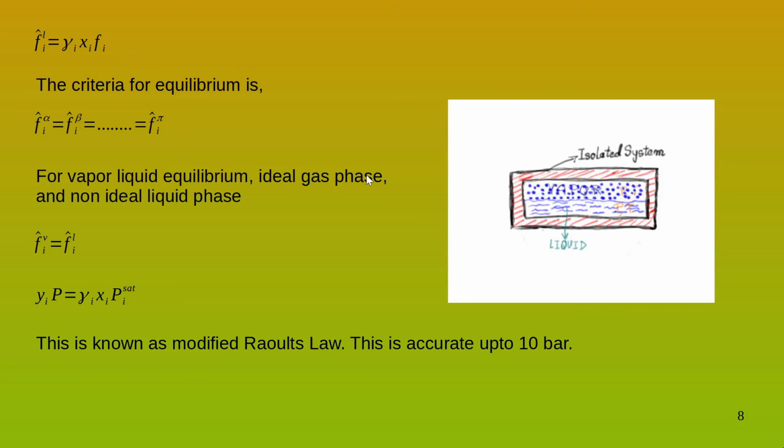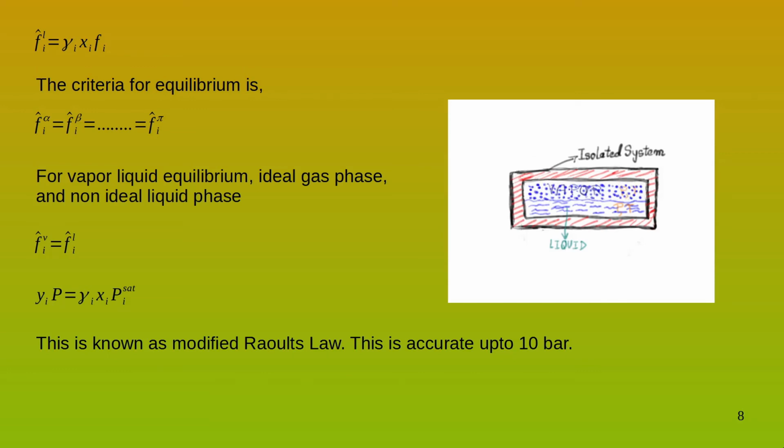Now, for a vapor liquid equilibrium, obviously we have Fi hat, that is the partial fugacity of component i in the vapor phase, is equal to the partial fugacity of component i in the liquid phase. The partial fugacity of component i in the vapor phase is Yi into P, and this has already been shown in one of the lectures on which I had discussed the derivation of Raoult's law.